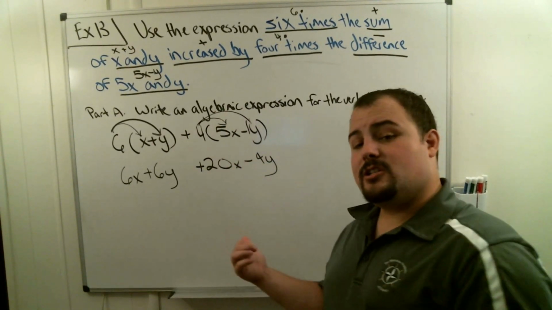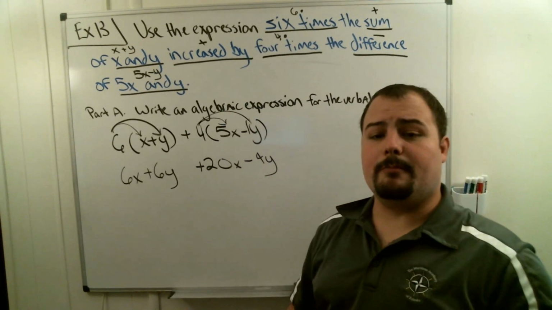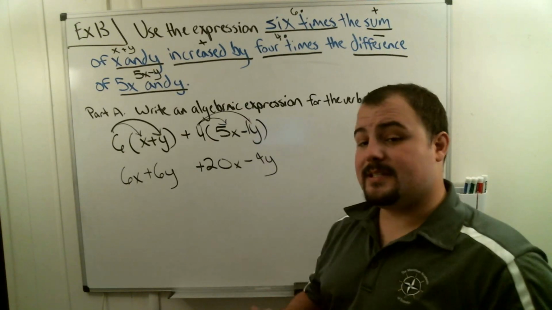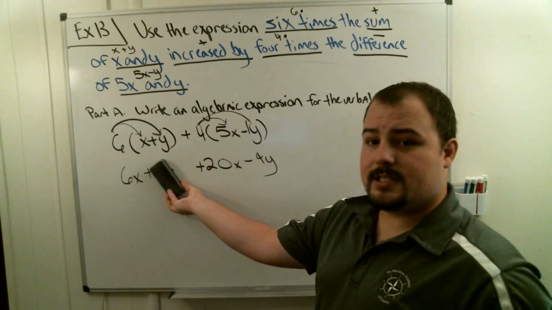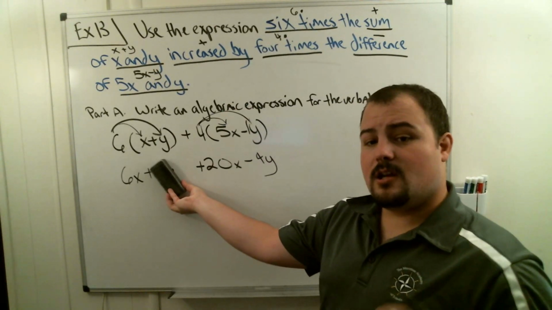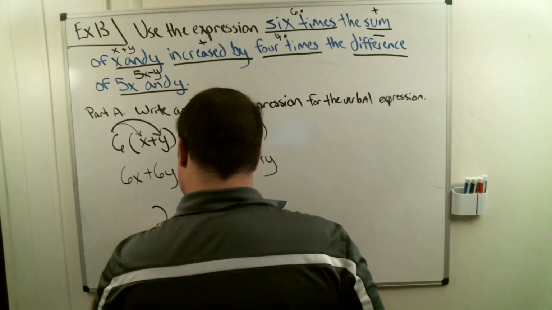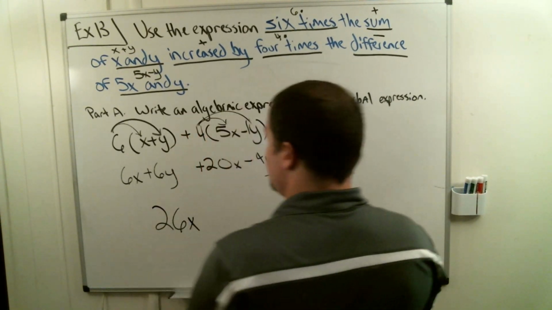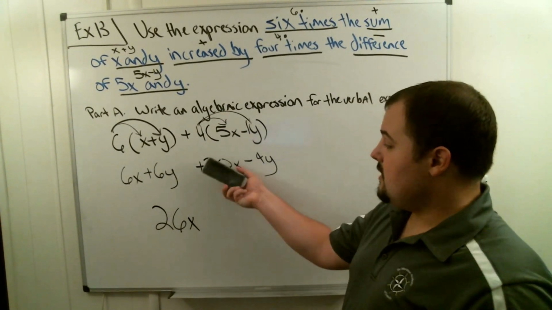Now, what I like to do when combining like terms, whenever it's really long and written out and everything's kind of jumbled, is cover up the pieces I don't need. So I'm going to start with the first part. This is really 6x plus 20x. Well, 6x plus 20x is 26x. Now, I don't need the 20x because I've already used it, so I'm going to read the next part.